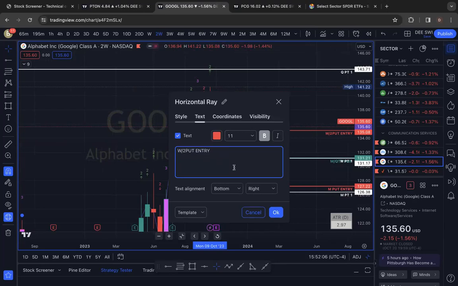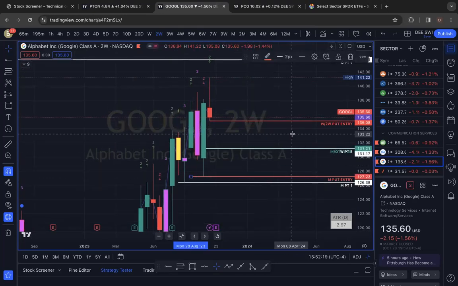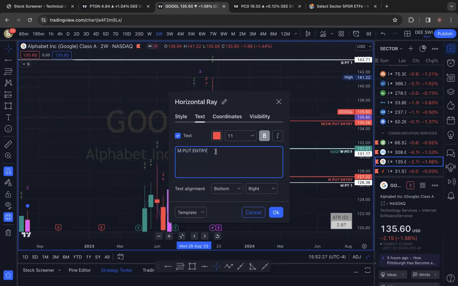That's how I let myself know whether this is a continuation or an actionable signal somewhere. So as of right now, this is the week and the 2 week put entry. And the price target for the 2 week is the month's put entry down here. So this would also be the 2 week PT1. Boom.